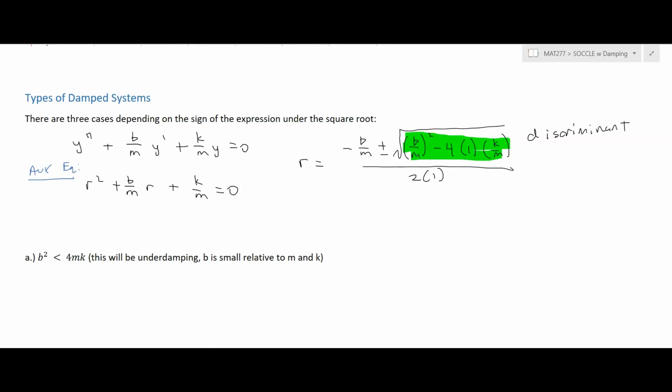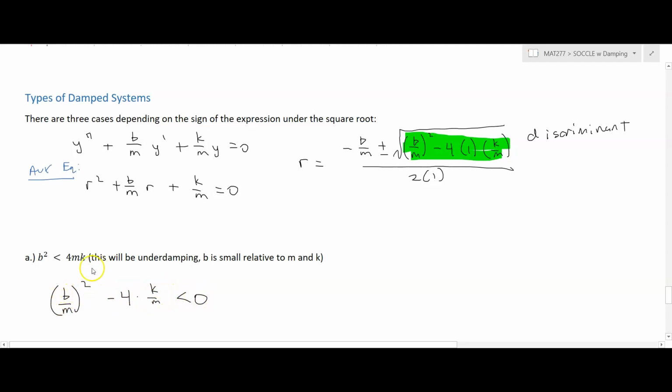So if we look at that and we ask ourselves, okay, when will this quantity be negative? When will b over m squared minus 4 times k over m be negative?